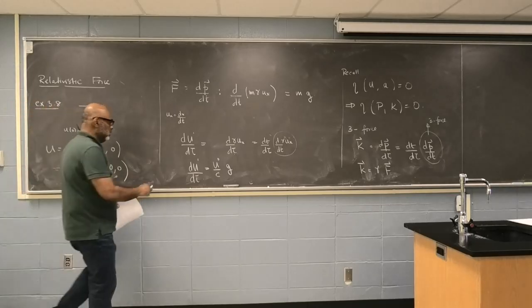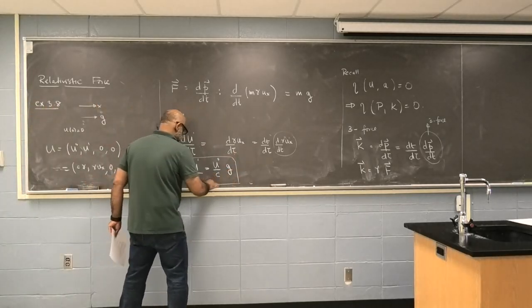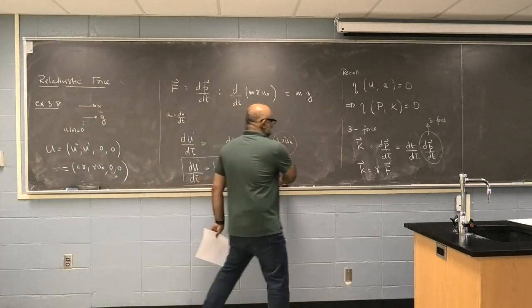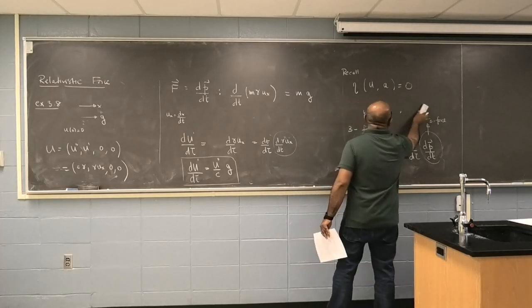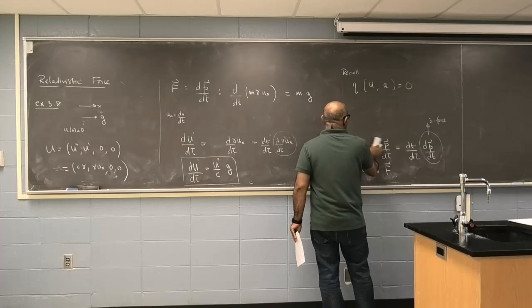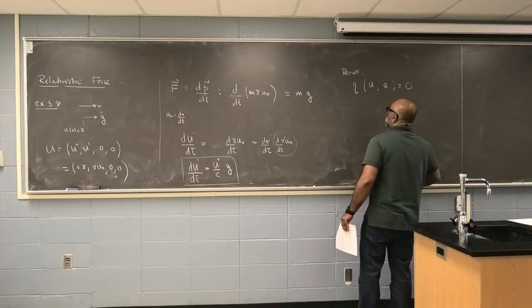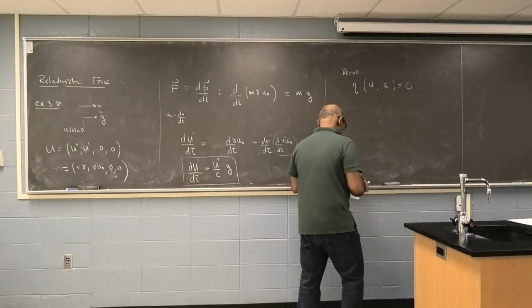This equation, we will need it. It's not a very important equation, but it's just for this problem. But we'll refer to this equation. And good. This is what I wanted. That worked out.